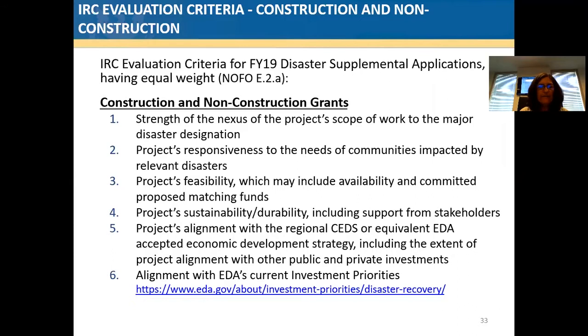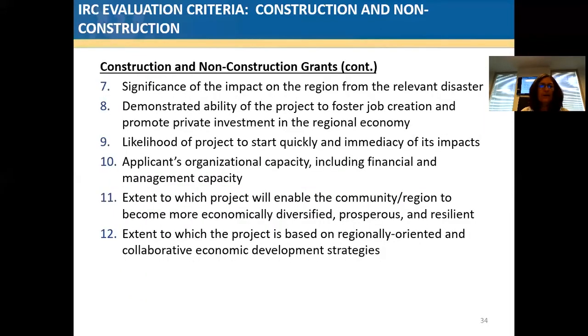And there's some other fairly standard requirements. I'm going to switch to the next slide. And obviously the impact of the relevant disaster, so the needs statement. The ability of the project to foster job creation and promote private investment. As I mentioned in the beginning, we have a laser beam focus on economic recovery and economic development.